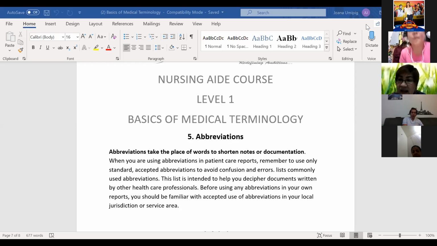It's standard in every facility, in every medical center, in every hospital. Internationally, when you go to the US, to Europe, to Germany, or anywhere in the world, there is only one approved list of abbreviations. So the accepted abbreviations, we must use them to avoid confusion and errors.